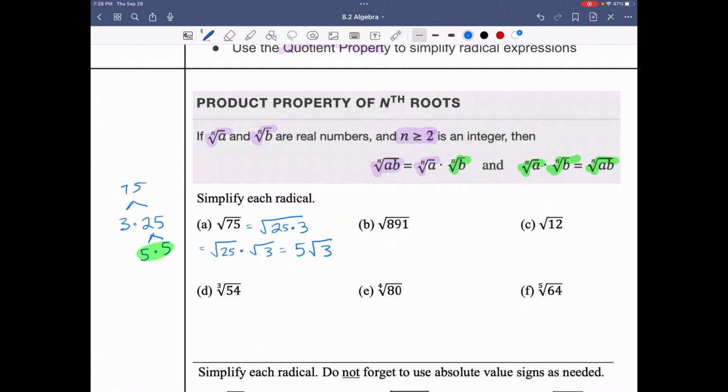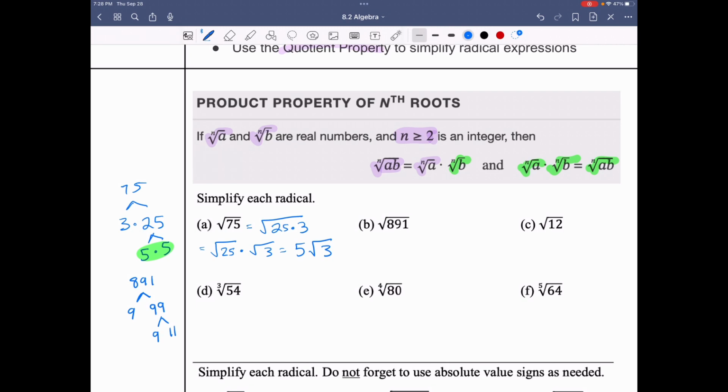For b, I can see that 891 is divisible by 9. And then 99 is divisible by 9. And then we can split the 9s, but instead I'll just put them together as 81. Let's just hold that in our head for a minute.